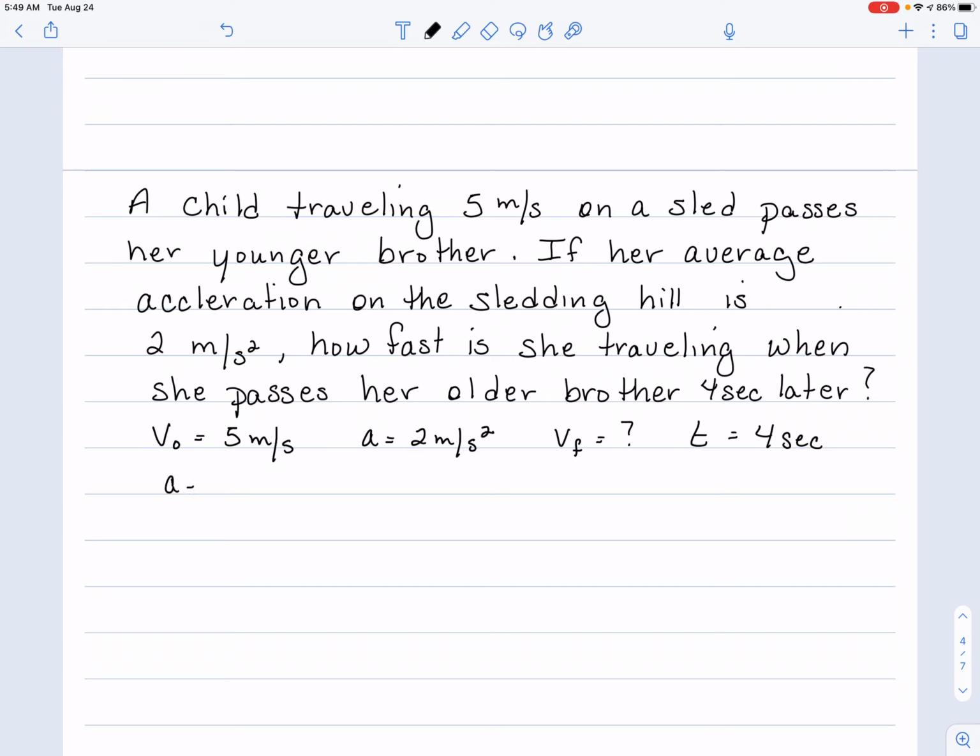So we know that acceleration is final minus initial over time. We want to solve for VF, so we're going to multiply both sides by t. T's cancel. We have at equals VF minus VI. Then we're going to add VI to both sides.